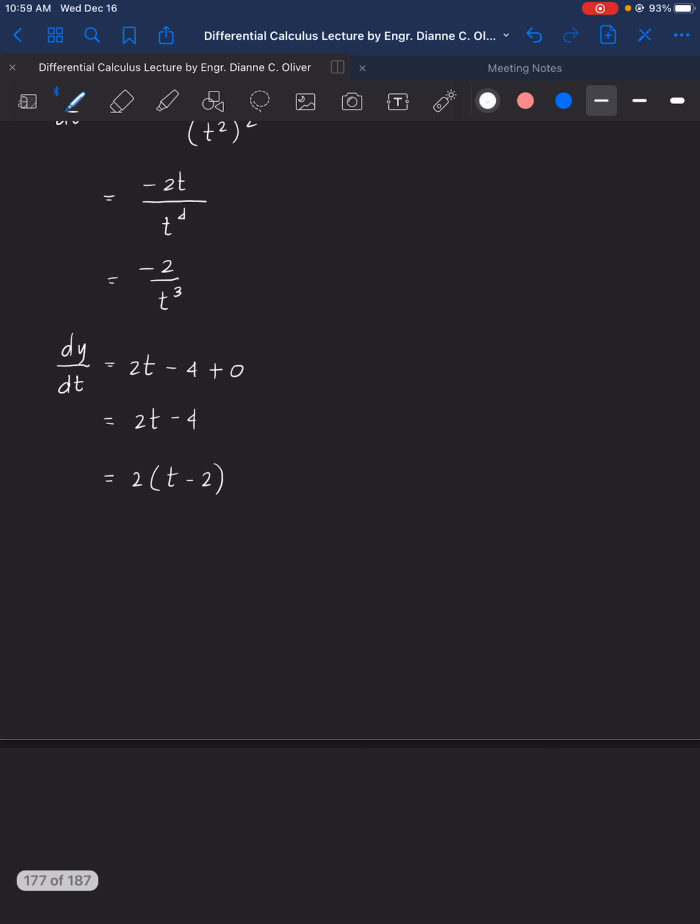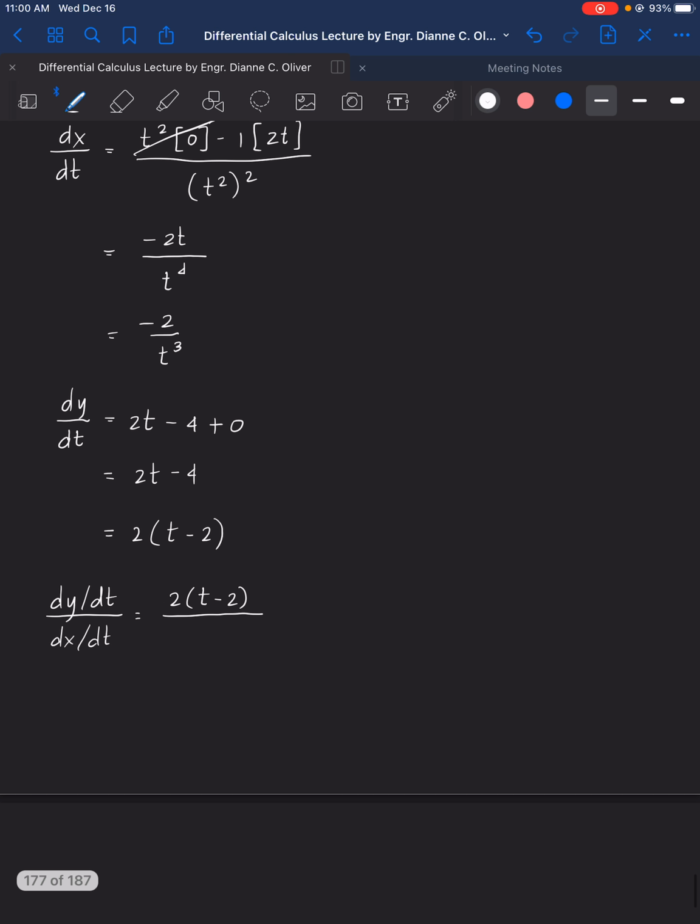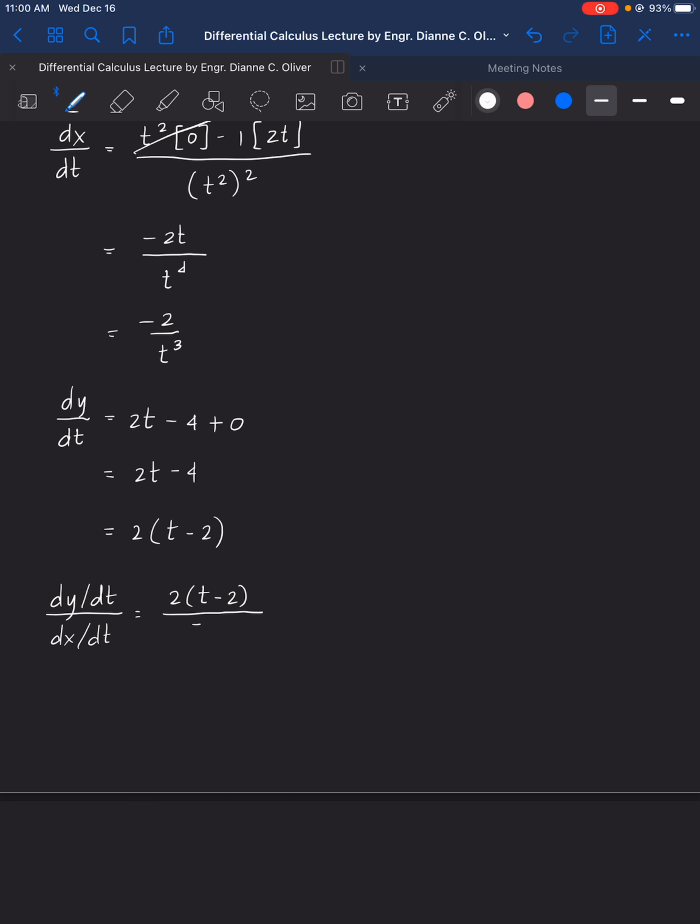Now for the first derivative, we divide dy over dt by dx over dt. The value for dy over dt is 2 times t minus 2. The value for dx over dt is negative 2 over t raised to 3.